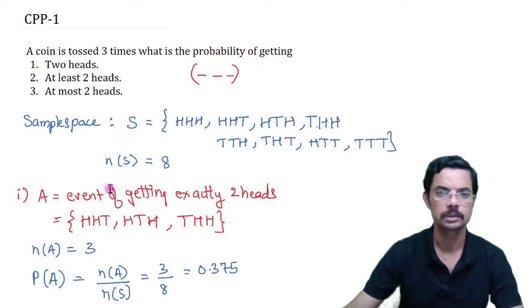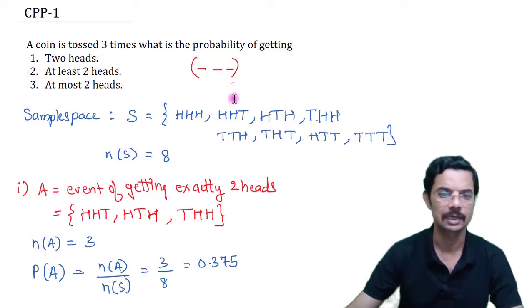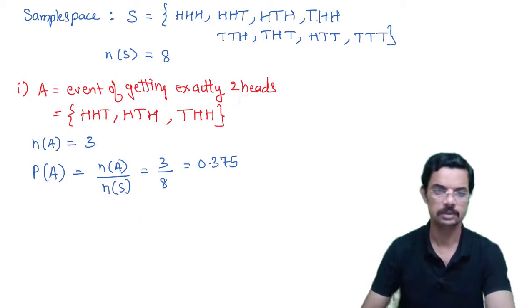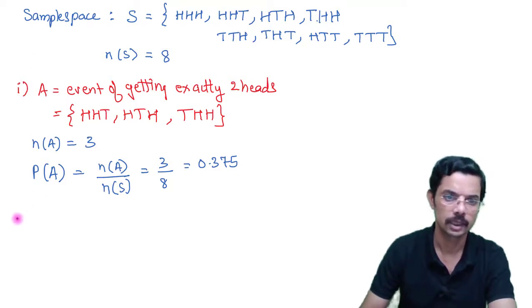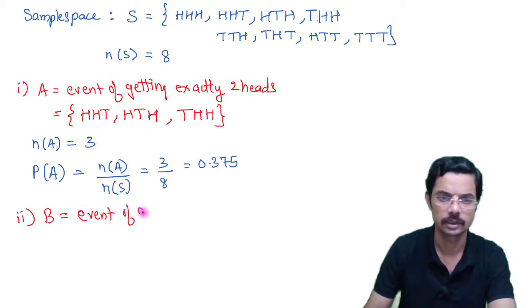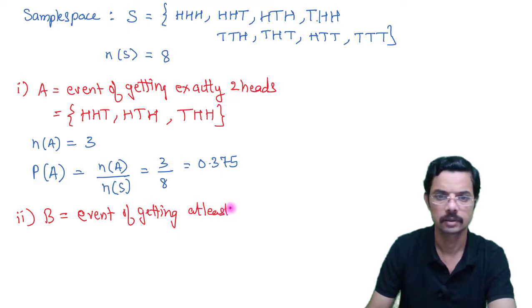The next question is at least 2 heads. At least 2 means 2 or more than 2. So the second question is, B is the event of getting at least 2 heads.